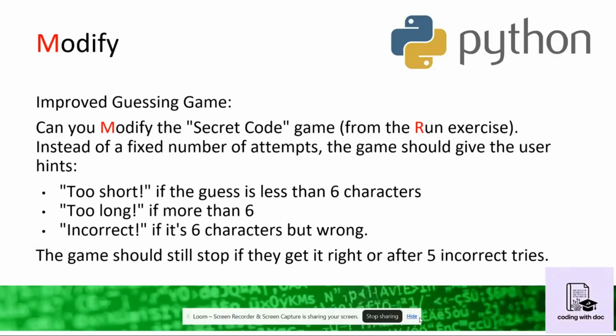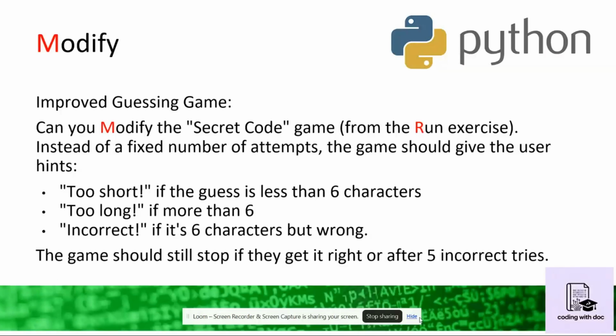So this is the modify challenge. On the modify challenge, what I'm wanting you to do is look back at the code that we did for the secret game code, and can you tweak it? Can you tweak it so that it says too short if the guess is less than 6 characters, or too long if it's more than 6 characters, or incorrect if it is 6 characters but it's wrong, and then it stops after 5 tries.